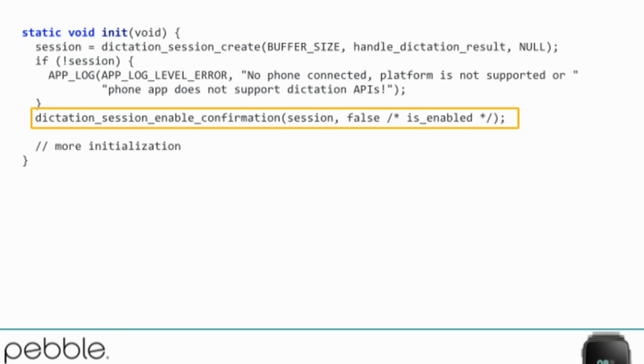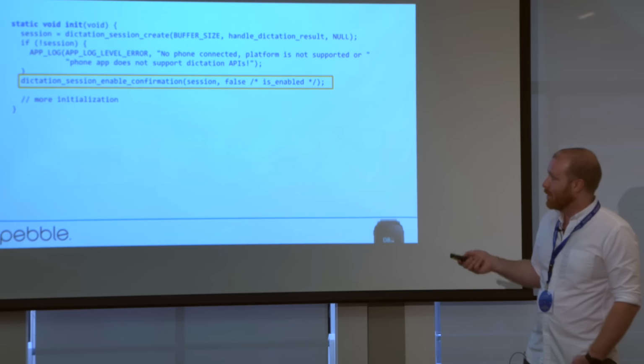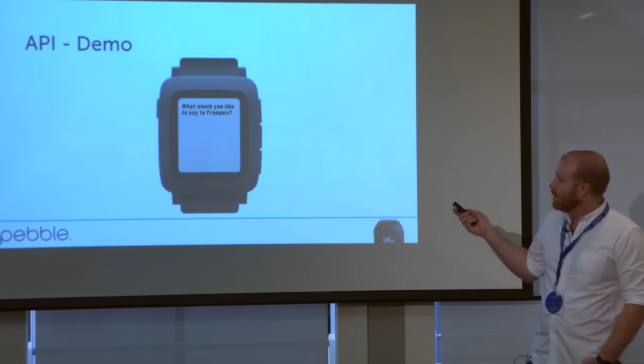Okay, so now I'm going to simplify this because the tick mark is not very useful. We'll select on the confirmation dialog. And I also thought that I could make this app a little bit more useful to myself. Francois, my colleague, always struggles with my accent, so I thought that if I converted what I'm saying to French, we might be able to communicate better. So that's this.